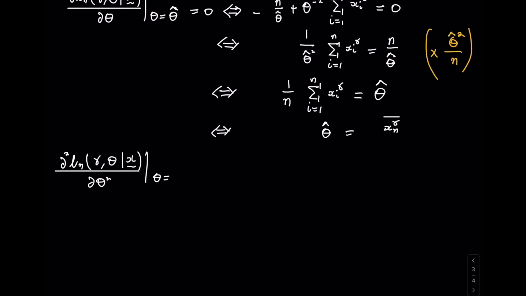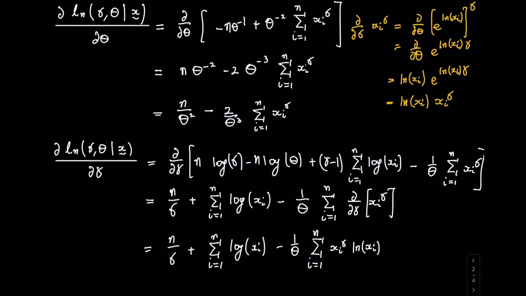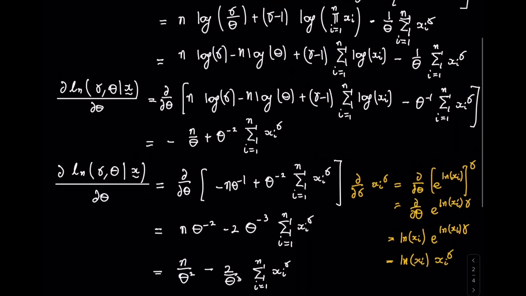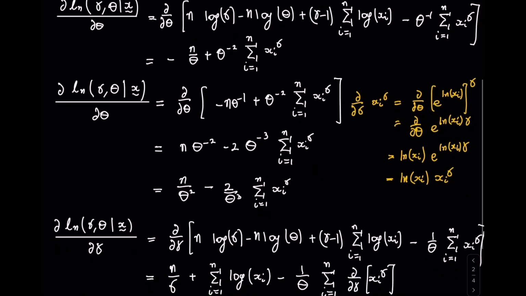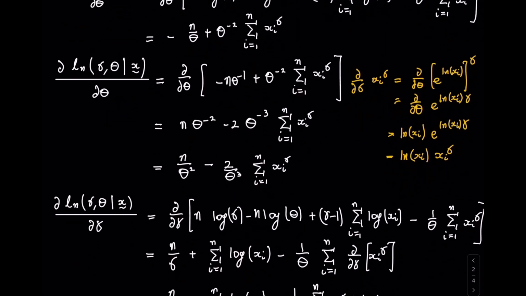Again, evaluate at theta equals theta hat is equal to, what is our expression that we came up with for the second derivative? I believe we had it here. Yes, it is here, in this part here.